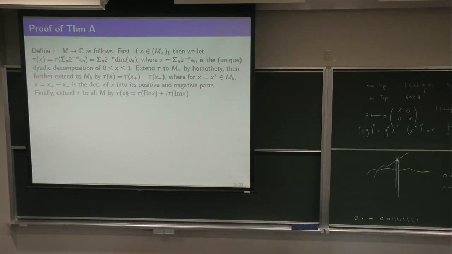So that's how we extend it to M plus, actually to the unit ball. Then by homothety, you just inflate, and of course you have a little problem of showing that it's well defined, but it's nothing really. Then on the self-adjoint part of M, where x is equal to x plus minus x minus, the usual decomposition into positive and negative part. And finally, you complexify.